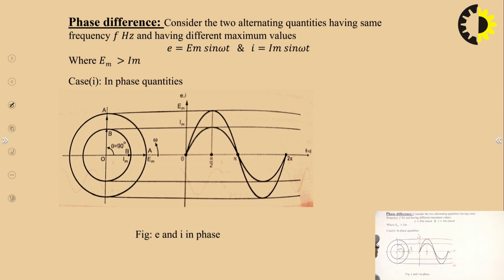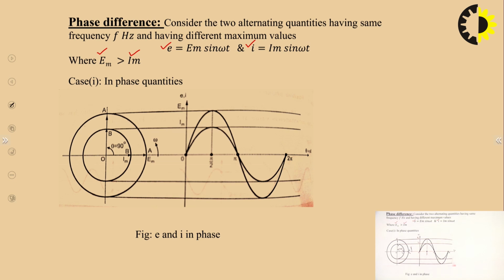One is voltage, represented as small e equal to capital E_M sin omega t, and the other is current, represented as I_M sin omega t, and the peak value of voltage is greater than the peak value of current in numerical values.